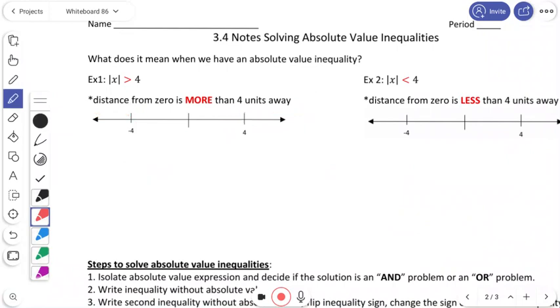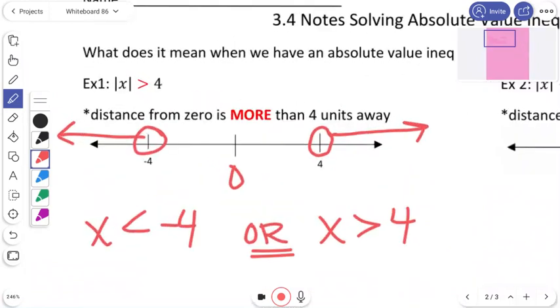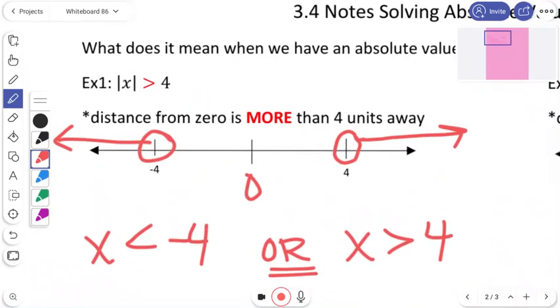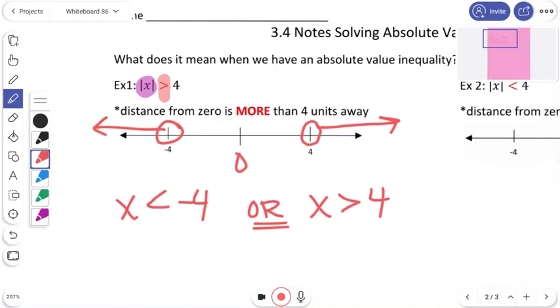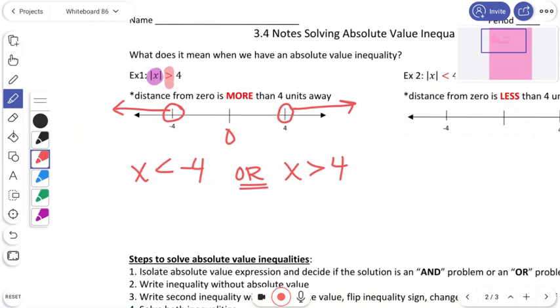Anytime you are solving an absolute value inequality, if your absolute value expression is already isolated, which it is right here, then you're going to look at your sign. If that says greater than, it's an or problem. If it says the absolute value is greater than, it's an or problem.